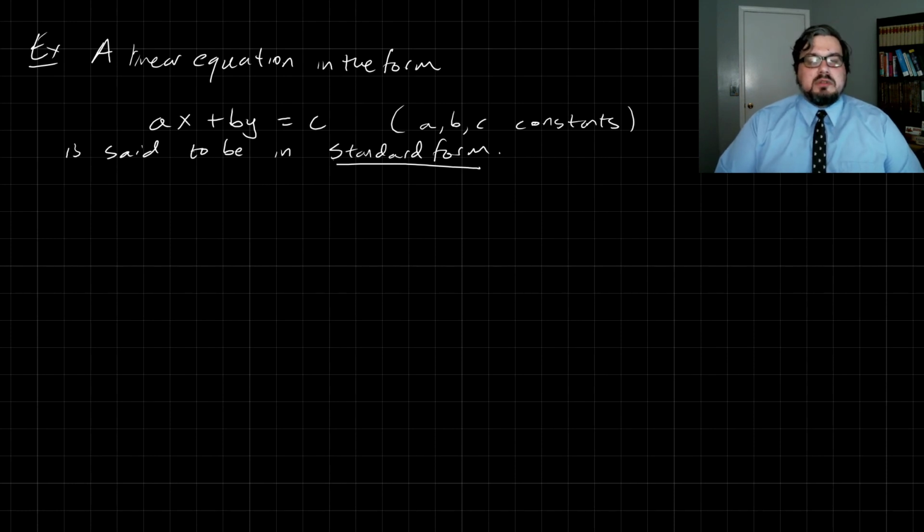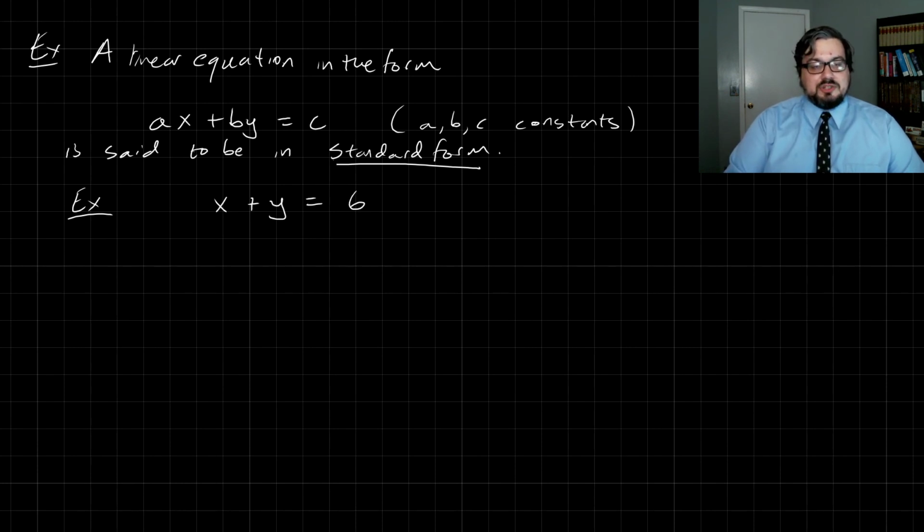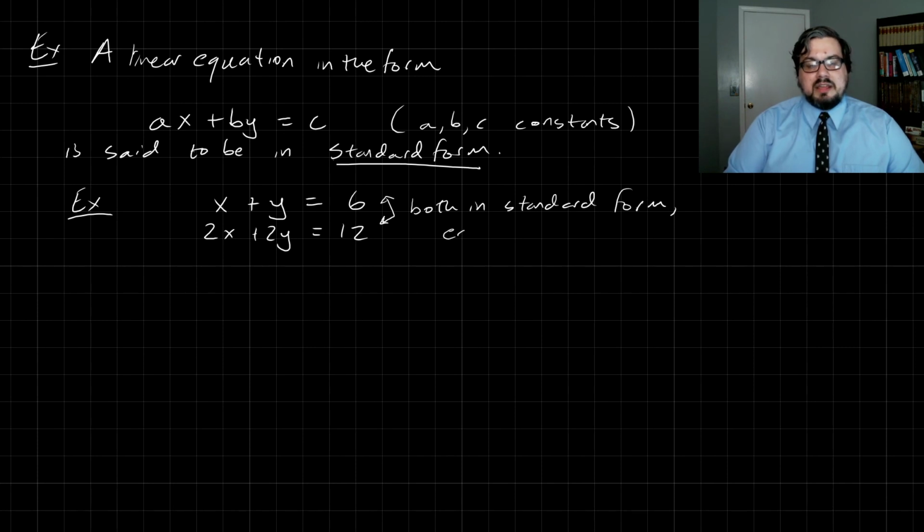Now, equivalent equations can be in standard form and look a little bit different. For example, if we looked at the equation x plus y equals 6, and the equation 2x plus 2y equals 12, these two equations are both in standard form, and they are equivalent.